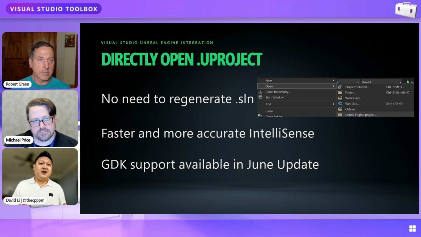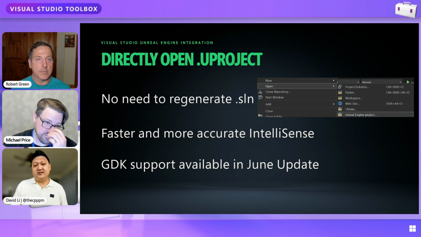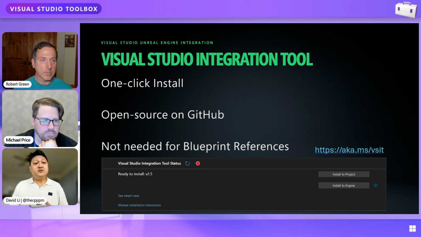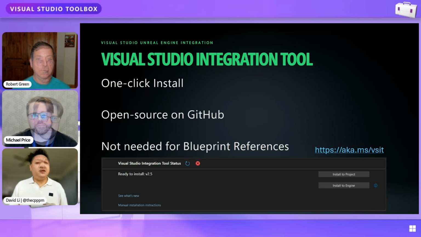But the issue with that is we heard from a lot of folks that there is some sort of friction every time a file needs to be added, just because Unreal Project is a different type of project that Visual Studio understands. With the U project updates, we have also made it easier for folks to acquire the Visual Studio integration tool, which is our Unreal Engine plugin that makes all of this work. So you can now install the plugin using a one-click install inside the configuration page in Visual Studio.